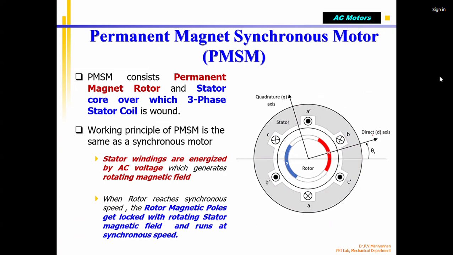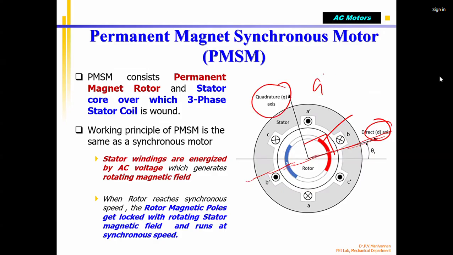So the direct axis: we know that this is the rotor magnet. This axis is the center part. You can see that this is the center axis of the rotor magnet, north and south pole. If I draw a line aligned in the center, connecting north and south pole, projected, that is called the direct axis. Exactly 90 degrees to this axis is called quadrature.